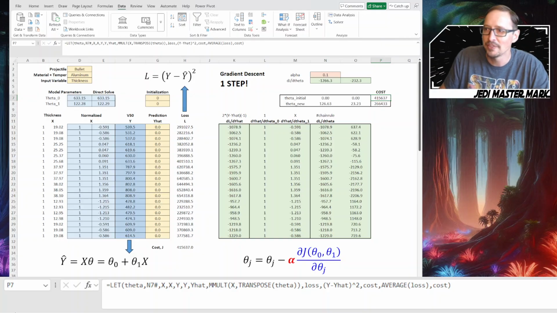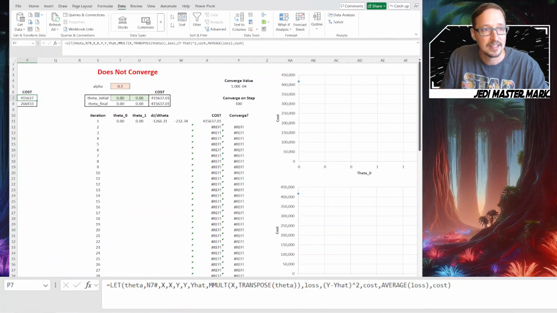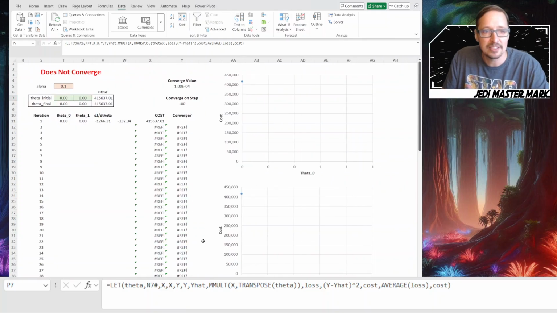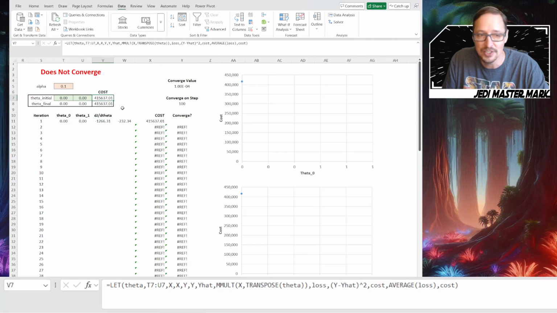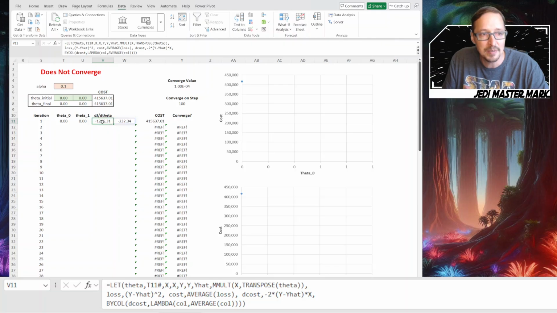Now we're going to skip over to what this looks like after multiple iterations. I haven't actually filled in all of the formulas for this, but again, we're going to start with this theta initial of 0 and 0, and you can see our cost function here. For each iteration, our initial theta values are in this dynamic array, and this is going to be the derivative of the cost function with respect to theta.